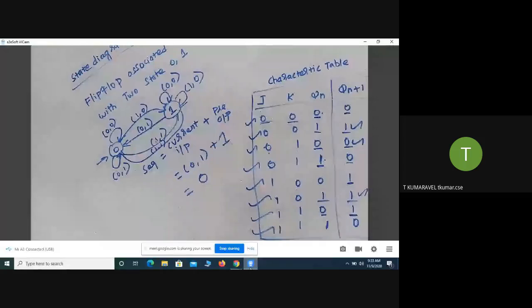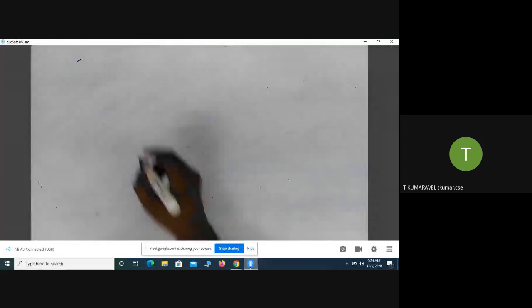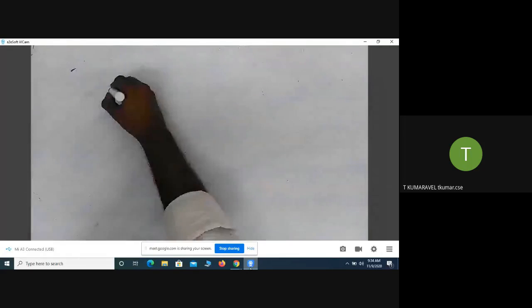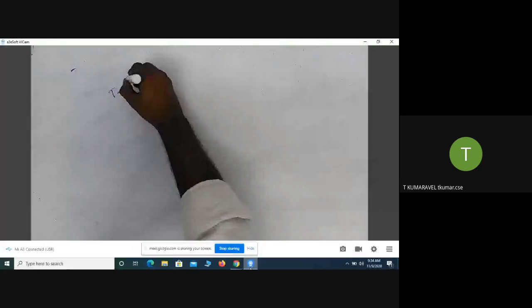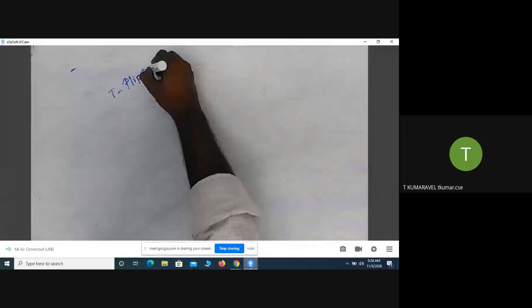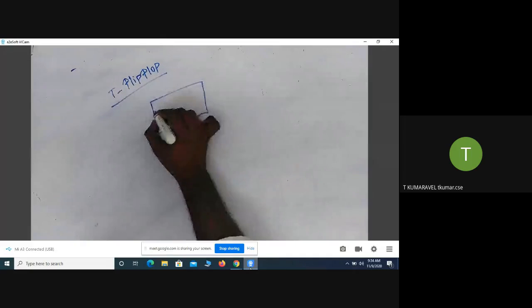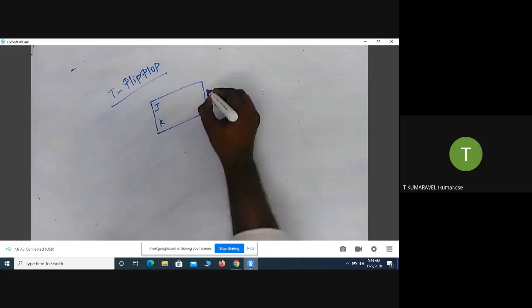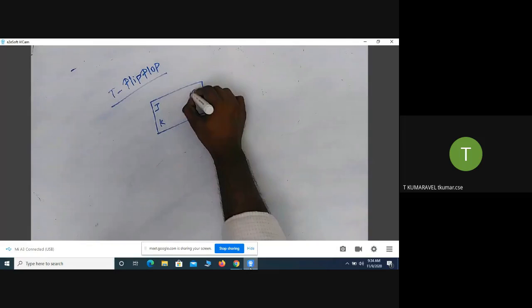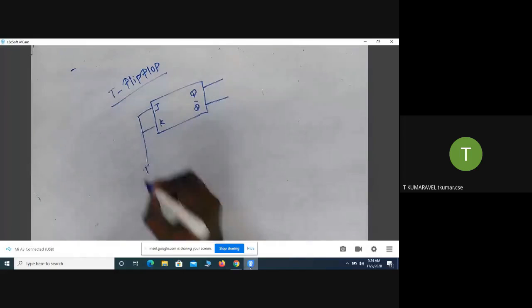Next I'm going to take another flip-flop that is called a T flip-flop. So this is the specification for the T flip-flop: Q and Q bar, and T. What is the meaning?